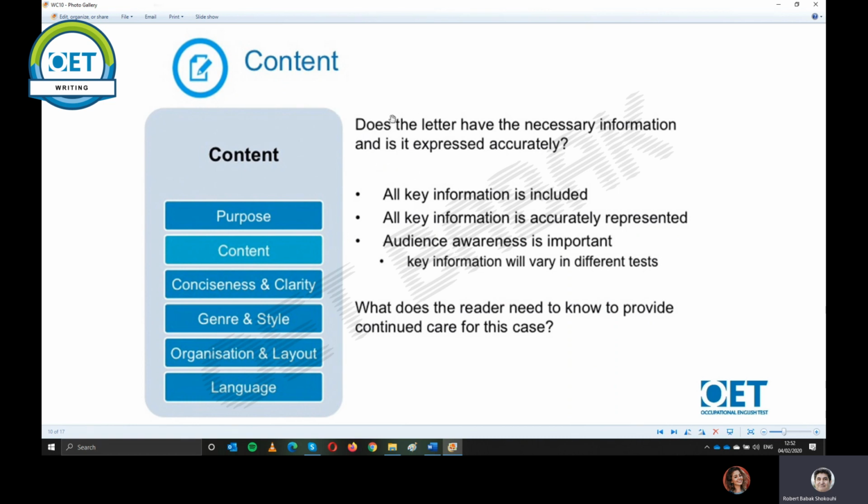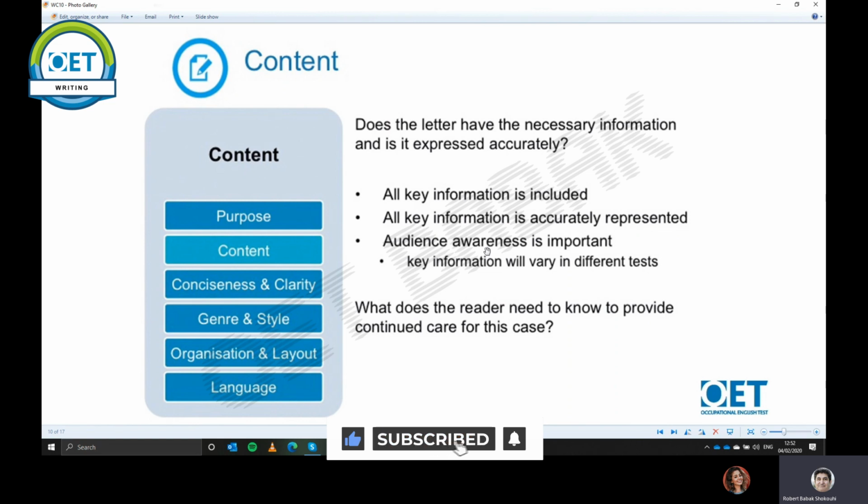The candidate needs to include the key information, represent all key information accurately, and have audience awareness. So you need to know about the audience. And why is it important? It says because key information will vary in different tests.